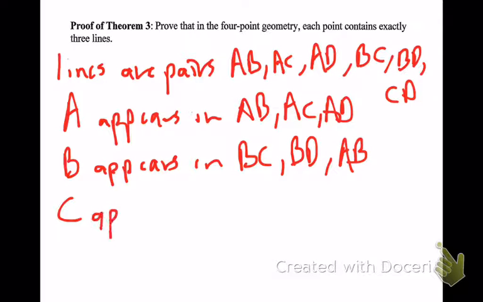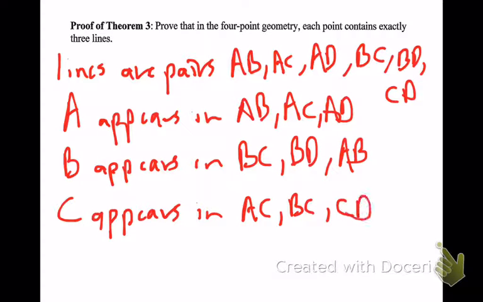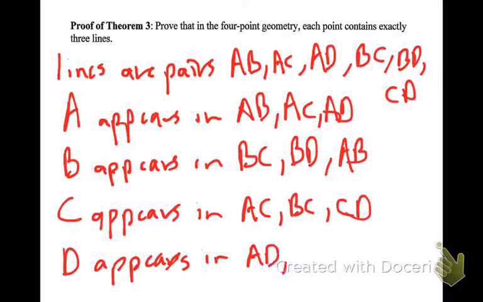C appears in AC, BC, and CD. And D appears in AD, BD, and CD. Alright? That's all there is to it. Make a list. Any questions?